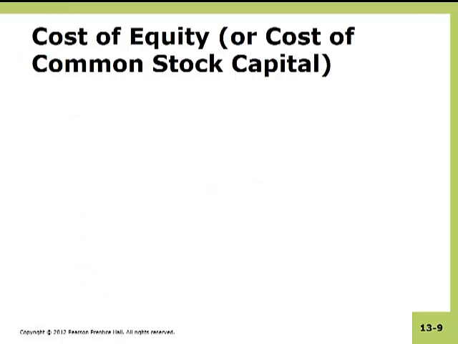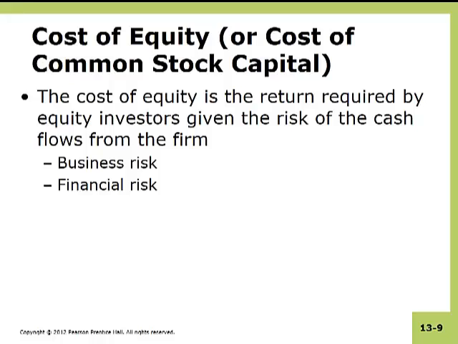Now let's look at the cost of equity, or as your book calls it, the cost of common stock capital. The cost of equity is the return required by the equity investors, usually the stockholders, the shareholders, given the risk of the cash flows from the firm. And the two big risks in the firm are business risk and financial risk.